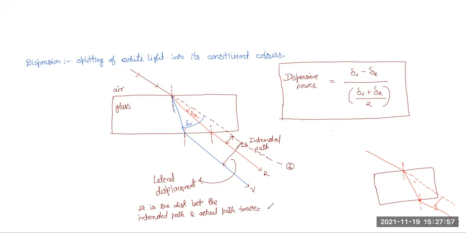The actual path traced by light. That's the simple definition that we can give for lateral displacement.